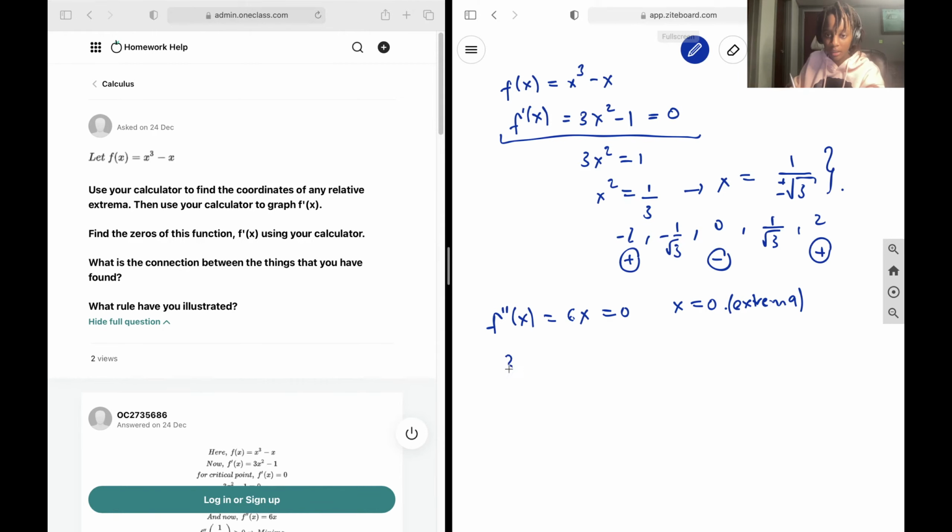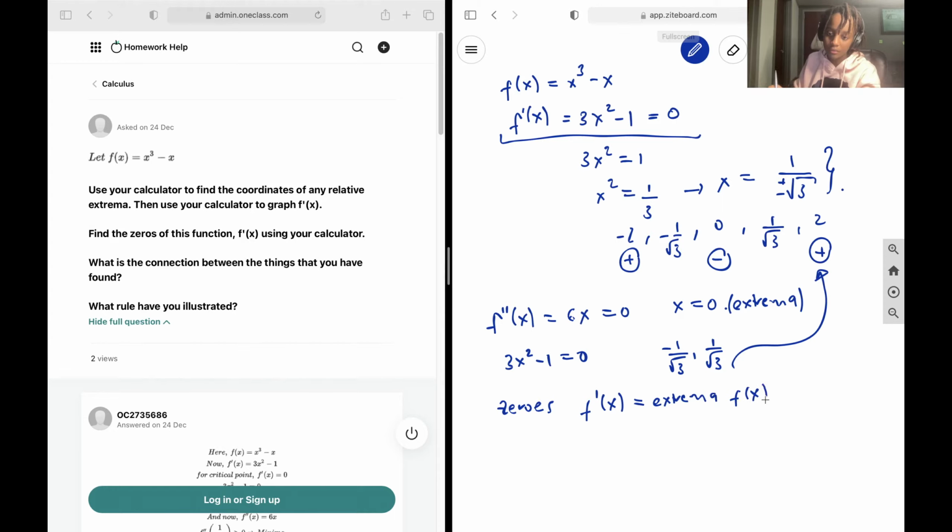Our zeros are at 3x squared minus 1 is equal to 0. And so again, we are going to get negative 1 over square root 3 and 1 over square root 3, which is the exact same points where we had the extrema here. So what this demonstrates is that the zeros of the derivative of the function are going to be the extrema of the function itself.